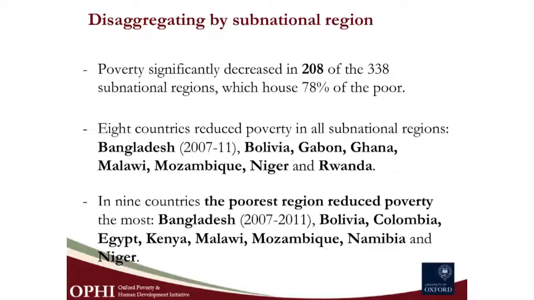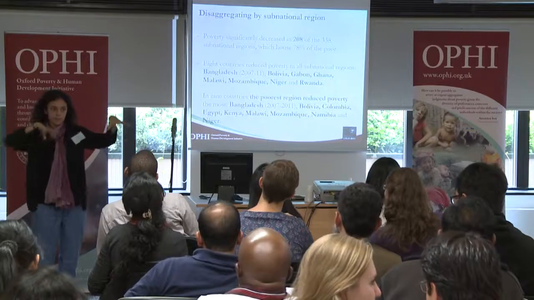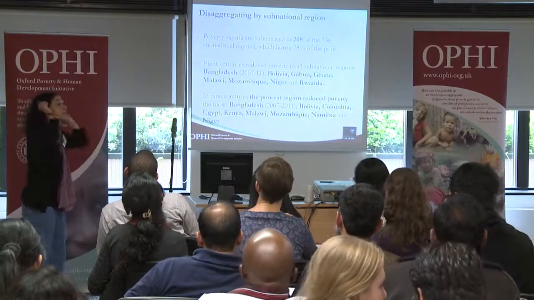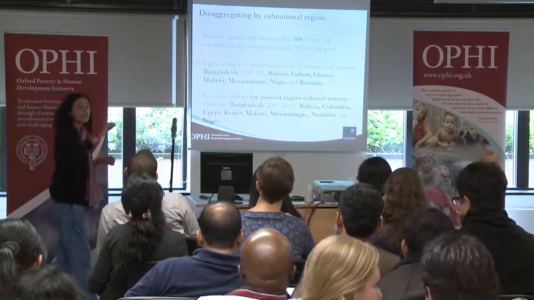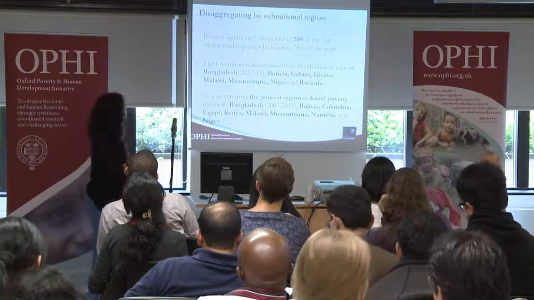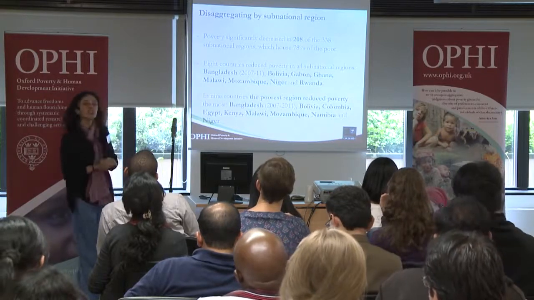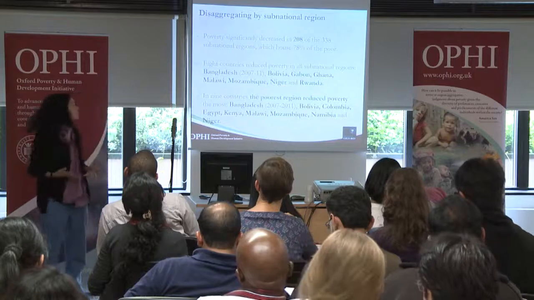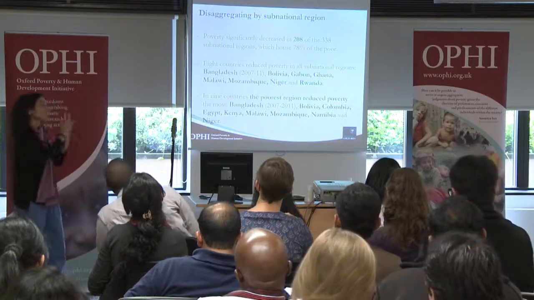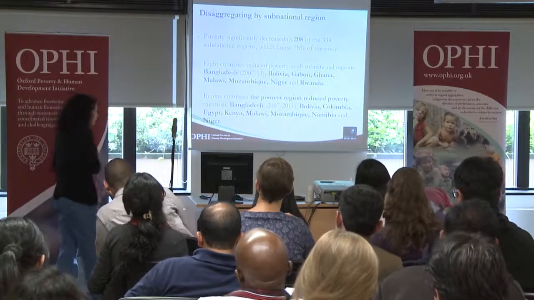Besides the dimensional breakdown, we can decompose poverty by subgroups. We did that for the regions. For each country we look at poverty not at national level, but in each region. We found that in 208 of these regions, poverty statistically went down, and these regions house 78% of the poor.